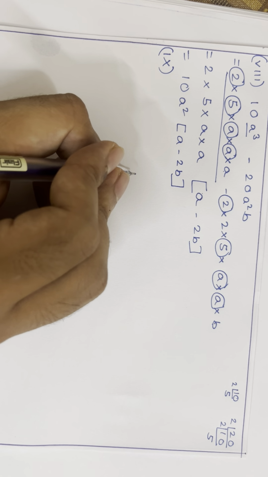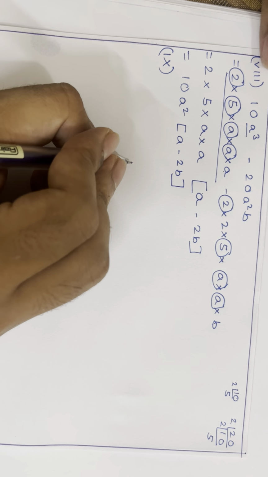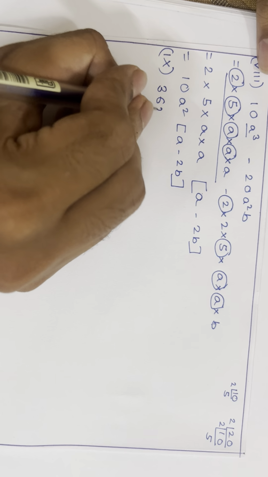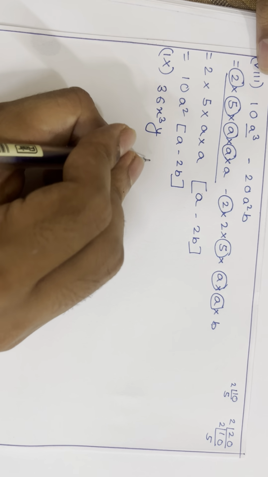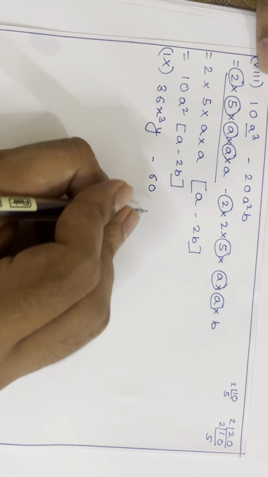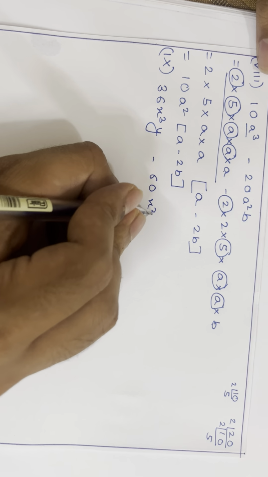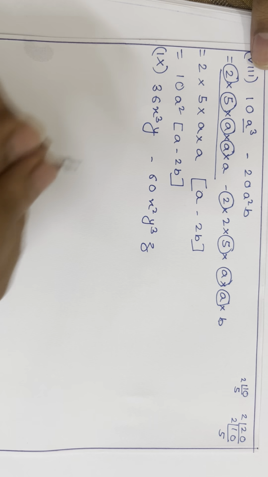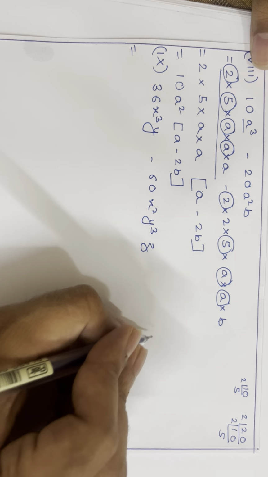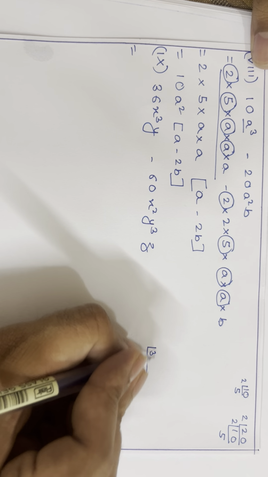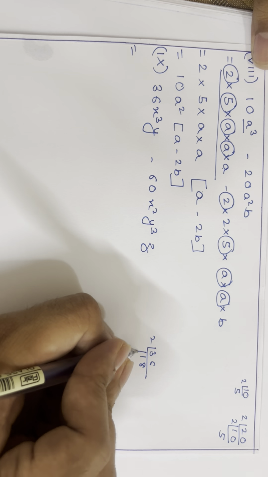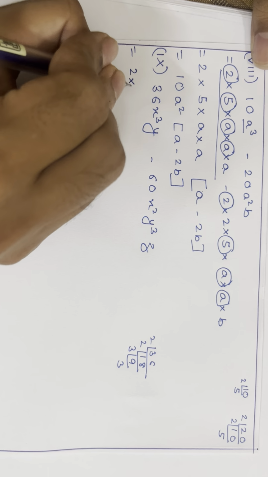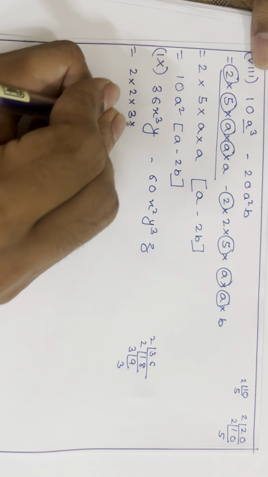Now question number 9. 9 we have 36 x cube y minus 60 x square y cube z. Now how will you write 36? 36 is 2 18 times, 2 9 times, 3 3 times. So 2 into 2 into 3 into 3.